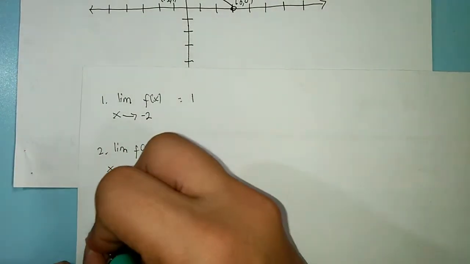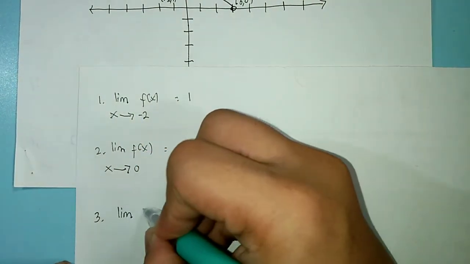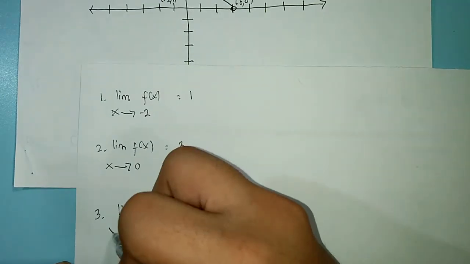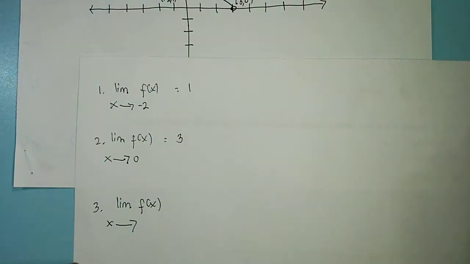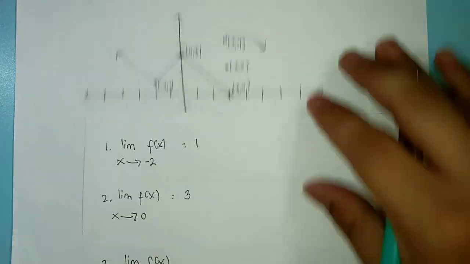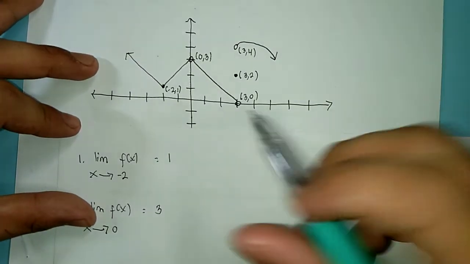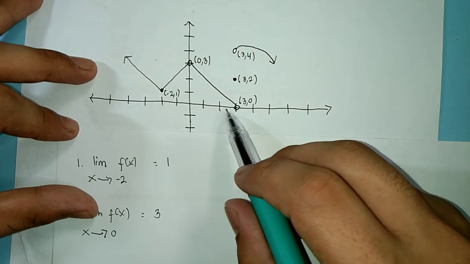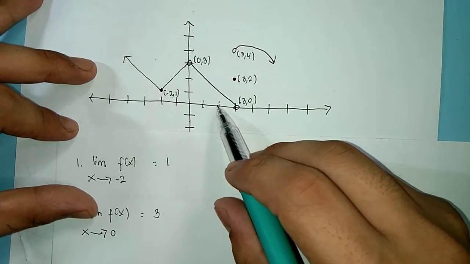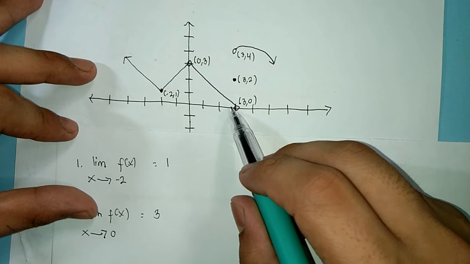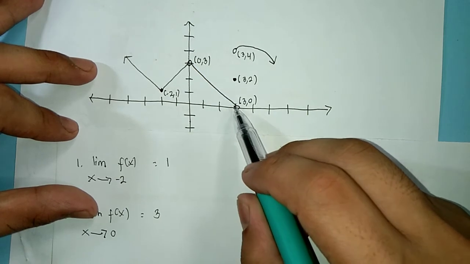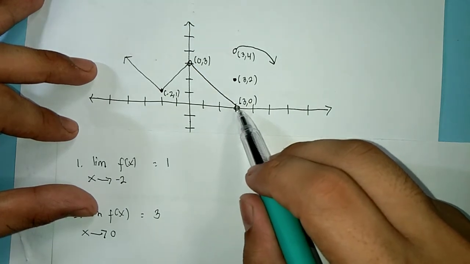How about the limit of f of x as x approaches 3? Here, what happens when the values of x approach 3? Approaching 3 from the left side, where does it approach? To 0.